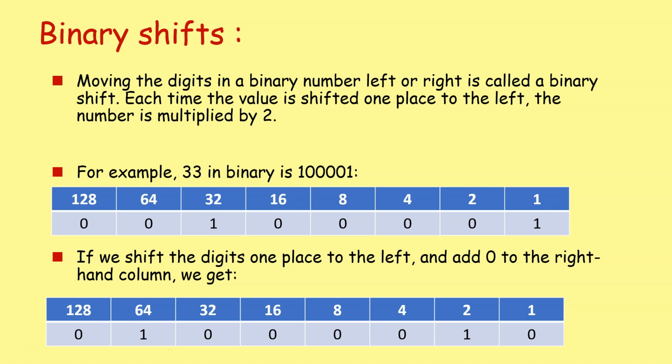Let's take the number 33 in binary, which is 0 0 1 0 0 0 0 0 1. What we're going to do is shift everything one place to the left. So if I start with the first value here, I'm just going to shift that 1 to the left.